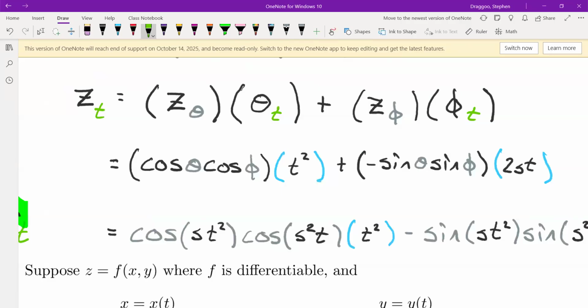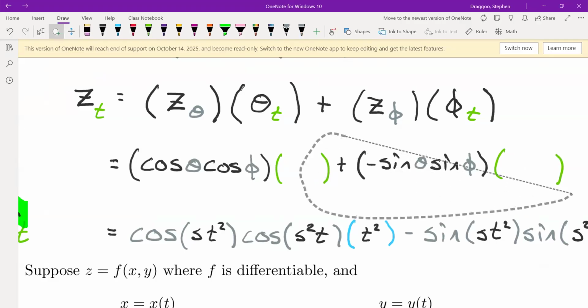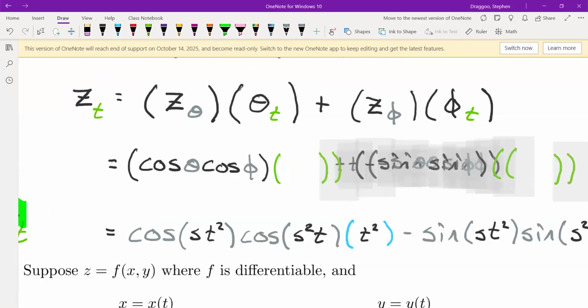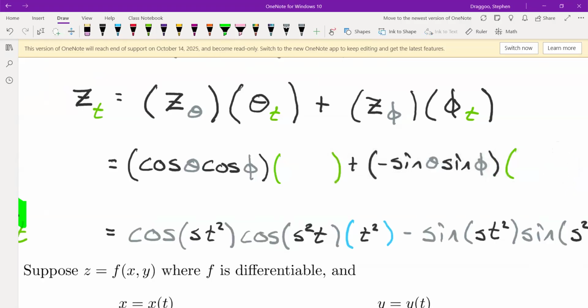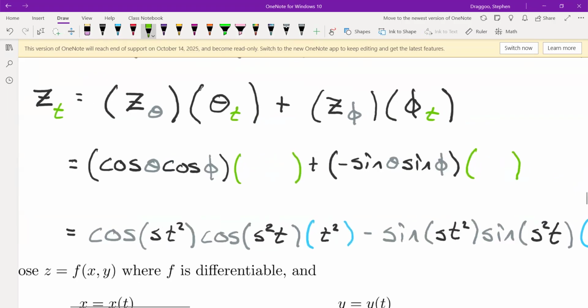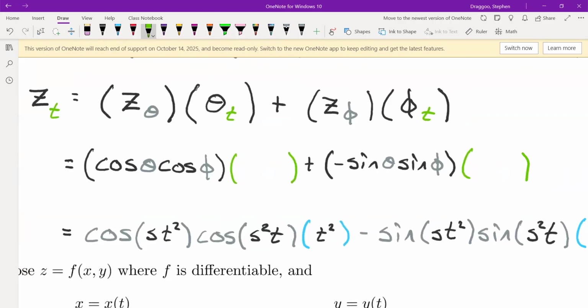But the bones of the problem are all still the same. But now instead of a blue derivative here, I'm going to want a green derivative. Same thing over there. And then also I think that it's going to be a little bit bigger, so I'm going to slide you that way. And then I'll do the same thing in the final line, but let me do this middle one first.